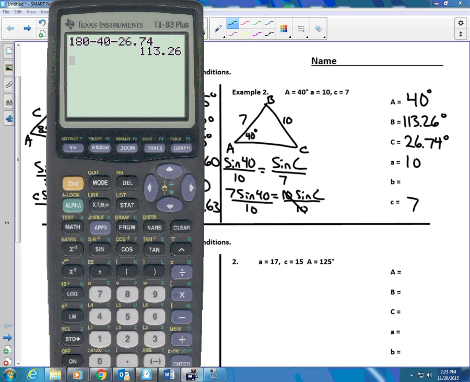Set up my law of sines. Sine of 40 over 10 equals sine of 113.26 over B.